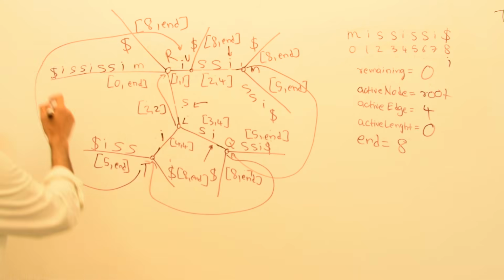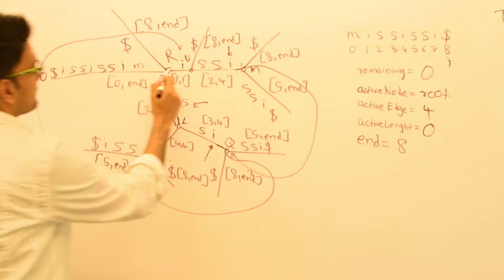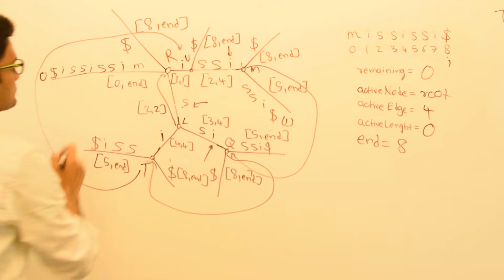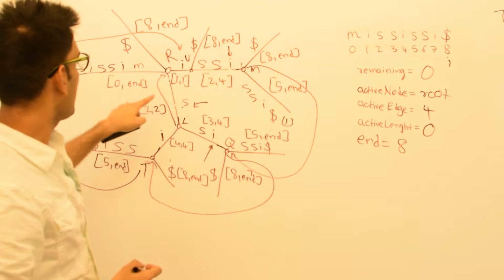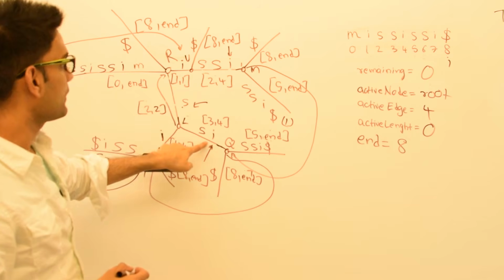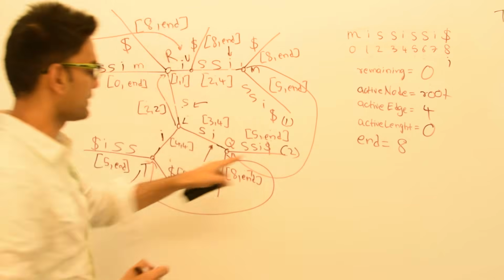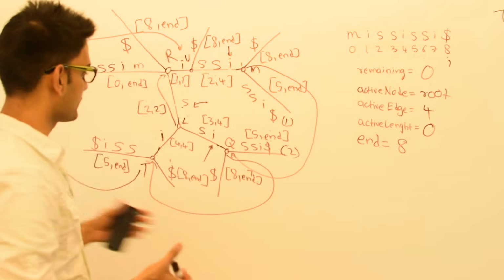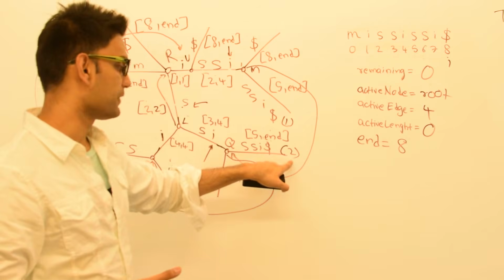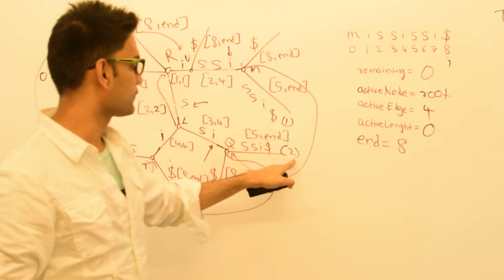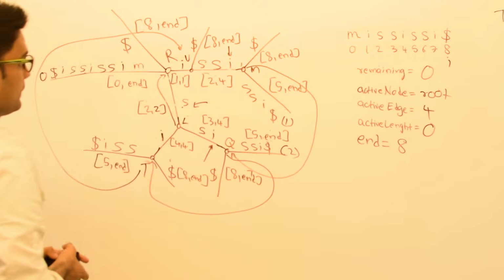So this is 0. This is $, so this is 1. Then $, so this is 2. Again, to add the suffix index, you have to do the traversal and keep the length, and when you reach the end, you subtract the length of this string from this length to get this index.